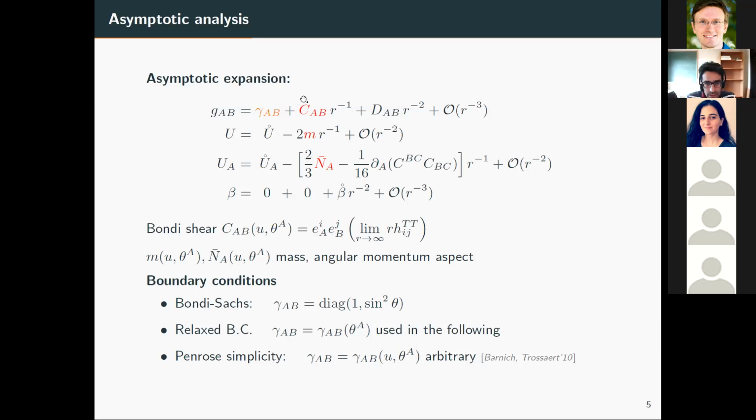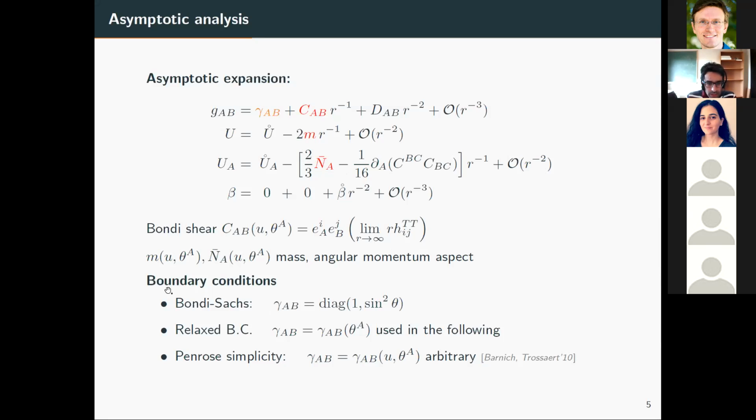So here we have C_AB, which is called the Bondi shear, and it contains the information about the transverse traceless part of the gravitational field, which is the gravitational wave. And then we also have M and N_A, which are the Bondi mass and angular momentum aspects, which contain the information about the total energy and angular momentum of the system.